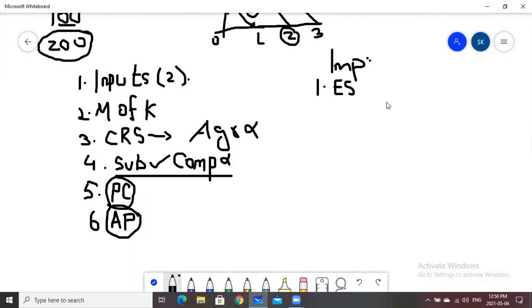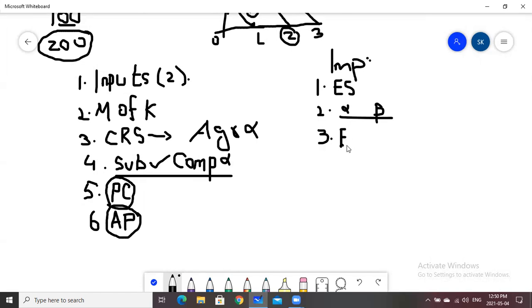When two or more industries are compared with each other, Cobb-Douglas production functions are used. The second one is that it is used to determine the relative shares of labor and capital in the production process. That is, we can determine how much share of labor and how much share of capital is used in the production process. It is also used to prove Euler's theorem.